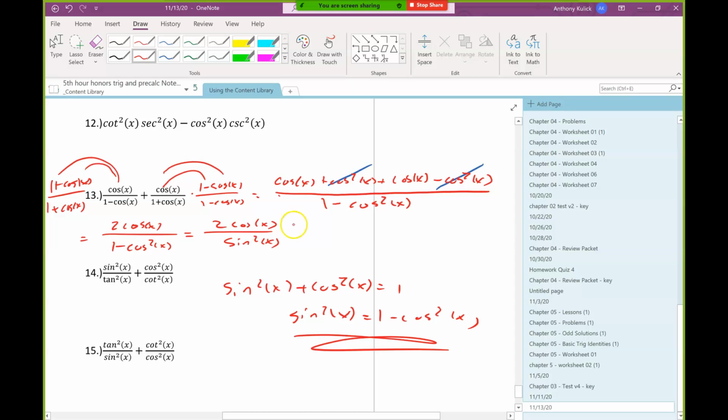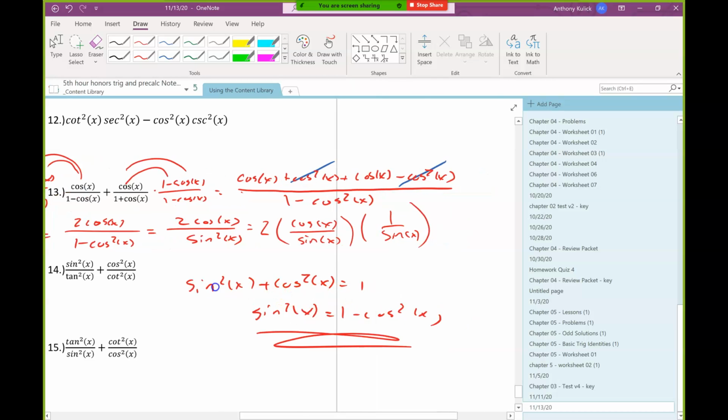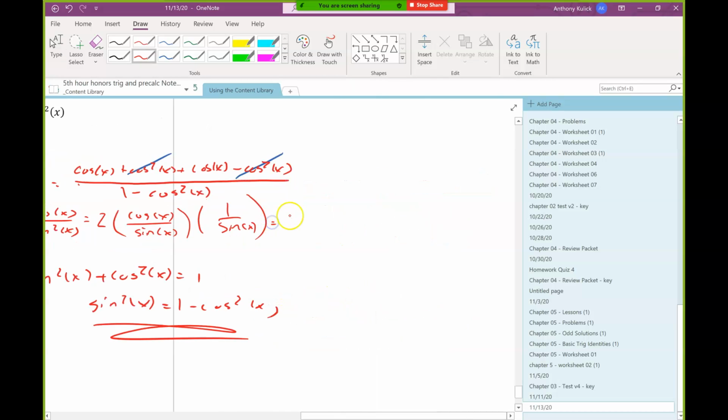And now what I'm going to do is think about the problem this way: 2 over cosine x times sine x times 1 over sine x. The reason I'm going to do that is because it's going to allow me to get rid of the fraction entirely, because I know that cosine over sine is cotangent, and 1 over sine is cosecant, and that's really the best that I can do there.